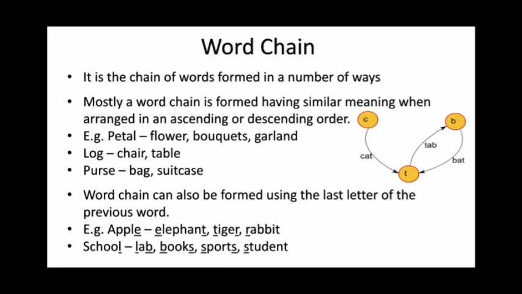So elephant ends with T. So for T we have tiger. Then here tiger ends with R. So we have rabbit that begins with R. So this is another way of making word chain where you use the last letter to begin the second word.